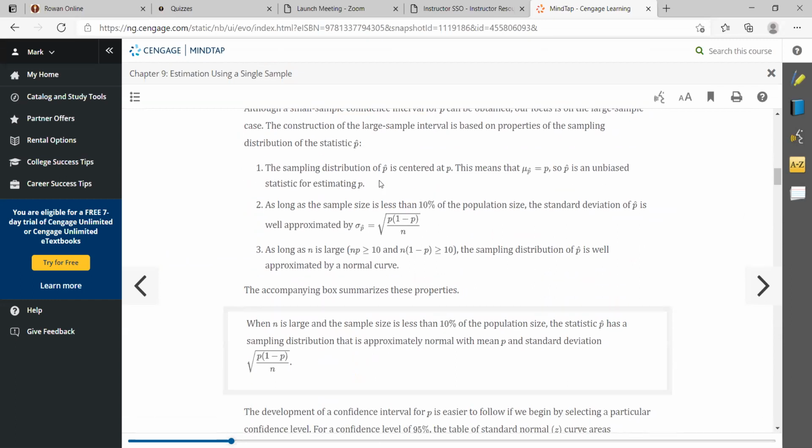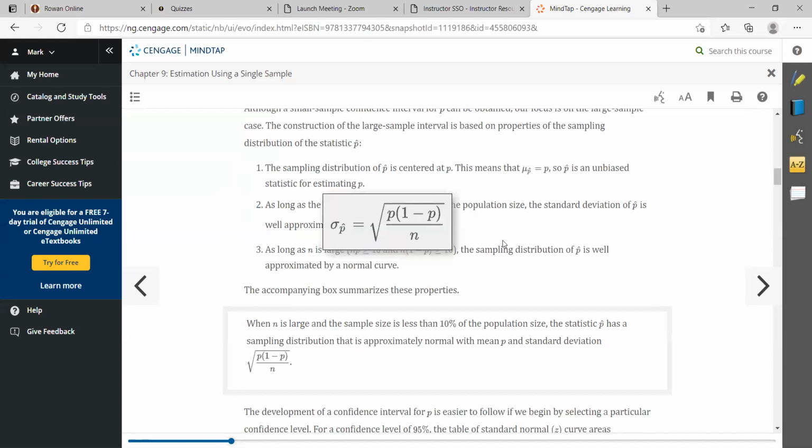Now, the sampling distribution of p hat is centered at p. What does that mean? The mean of the sampling distribution of sample proportions is going to be equal to the population proportion, period. That's true. And number two, here's the standard deviation or standard error of the sampling distribution of sample proportions.